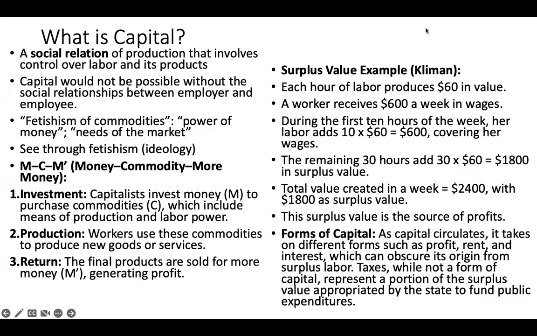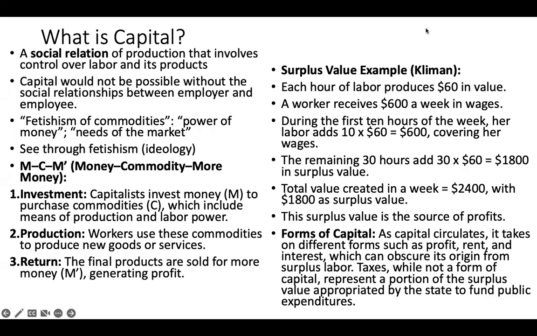So, in large part, what Marx is trying to get people to do is to see through this fetishism that exists, to see through the ideological blinders which conceal from people how a capitalist system actually operates. So again, if you want to understand really quickly, in a very concise way, how the process of production and circulation works.